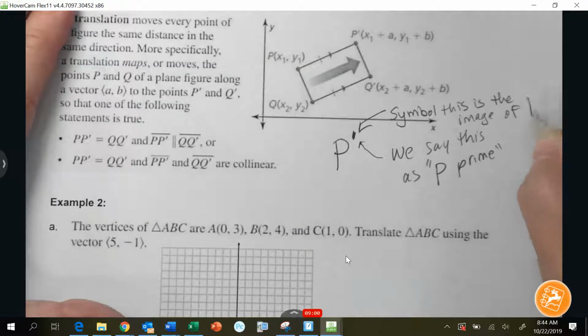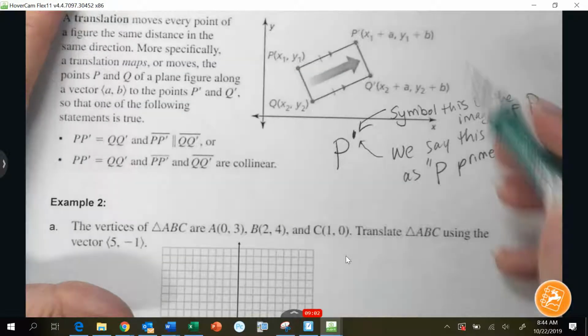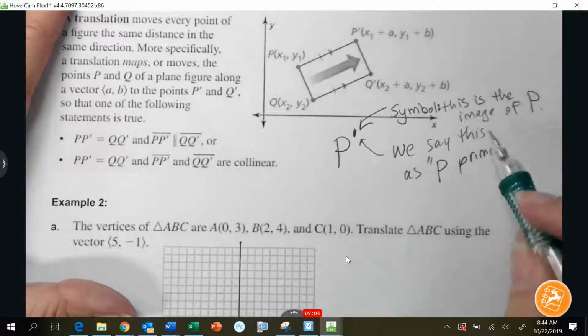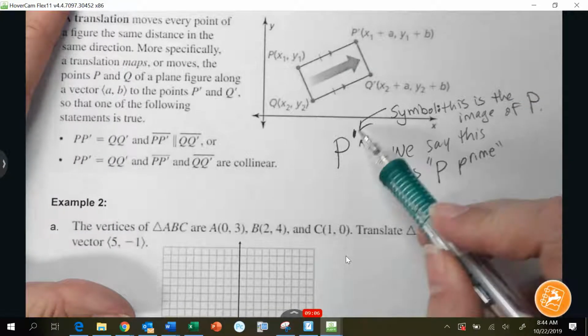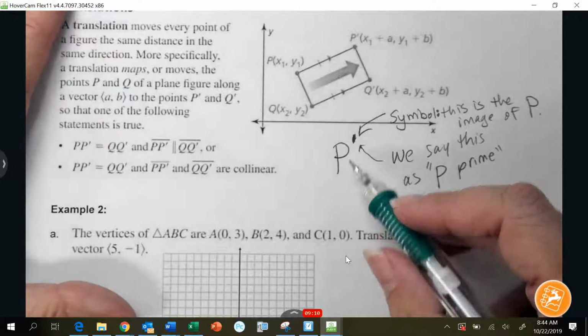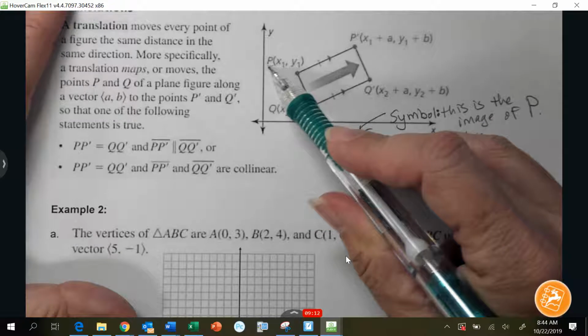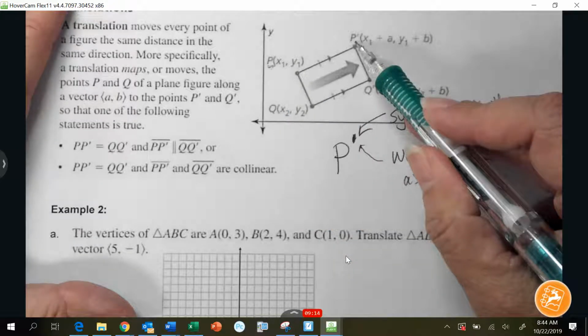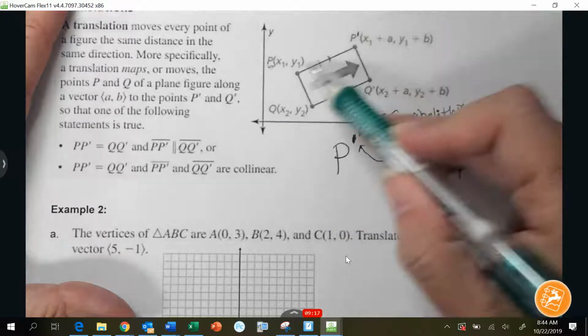So I'm writing, this is the symbol right here. This is the image of P. The symbol tells us that this is where P went to. So you look at the picture, the original P is here, the pre-image, and then over here is P prime. So that's where P moved.